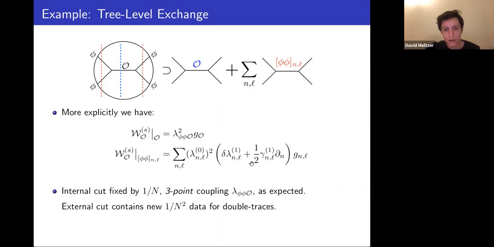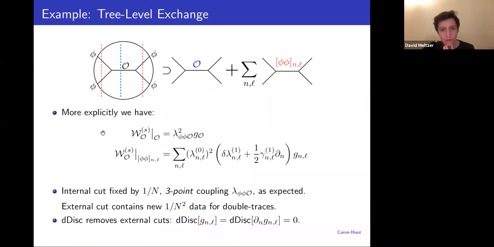And the external cuts of my diagram contain new 1/n squared data, things like corrections to OPE coefficients and the anomalous dimensions. And taking the d-disk gets rid of the external cuts because the d-disk of a single block, or the d-disk where I take a derivative with respect to n, vanishes. And as a reminder, n and l are just the twist and spin for these double traces.